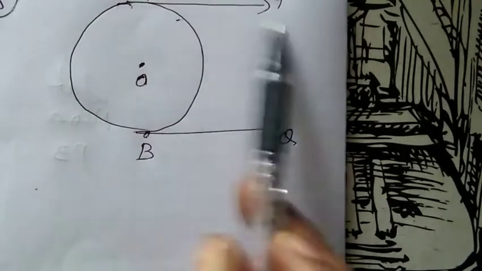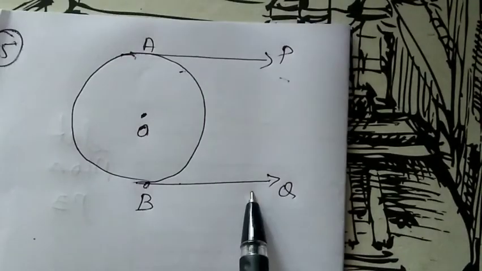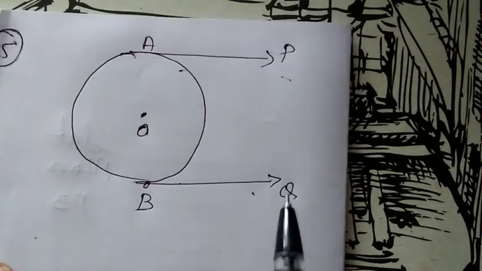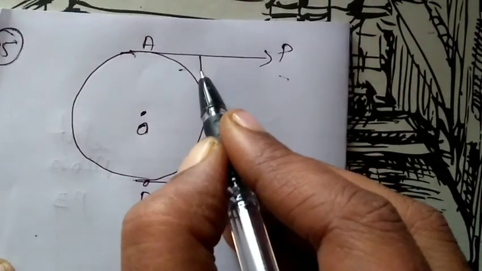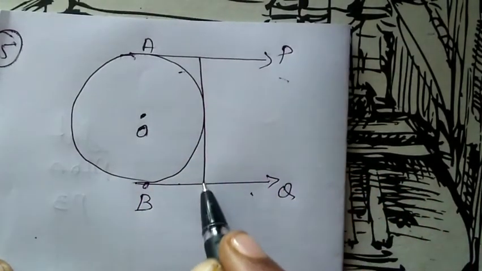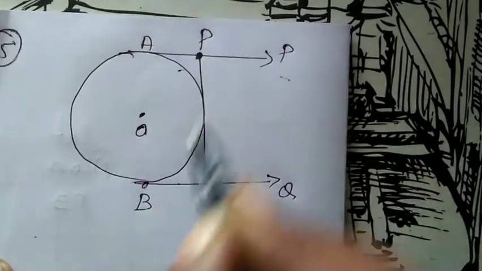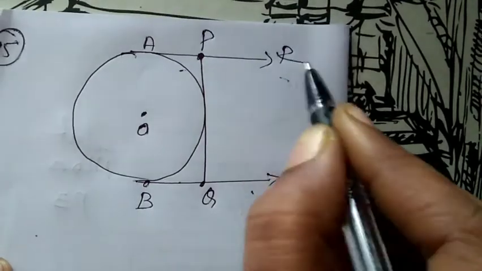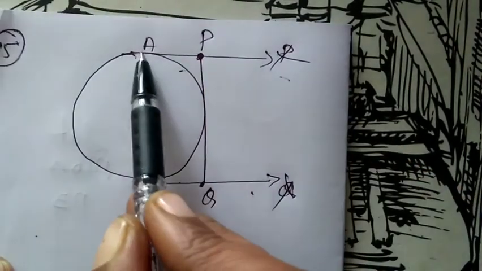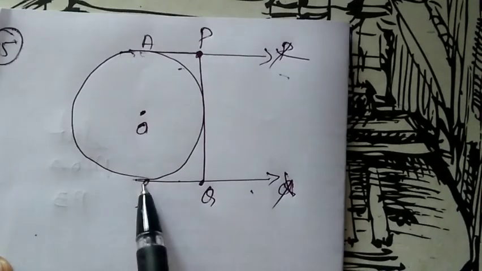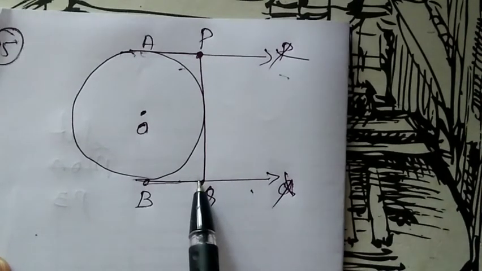So these two AP is parallel to BQ. These 2 parallel tangents of a circle meet the third tangent at points P and Q. So now what we do? We draw one more tangent and let us have this as a point P and this as a point Q. So this is a tangent AP and BQ, they are parallel.